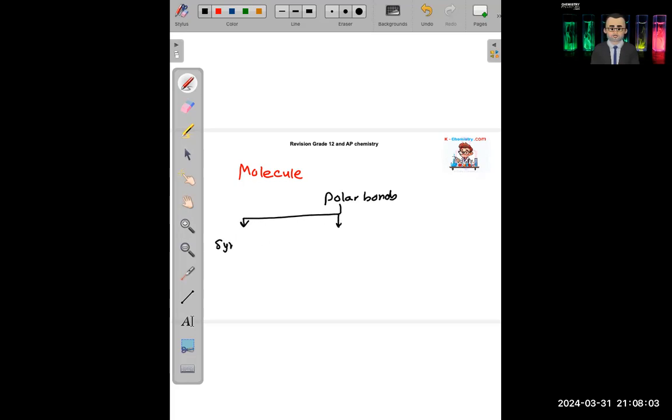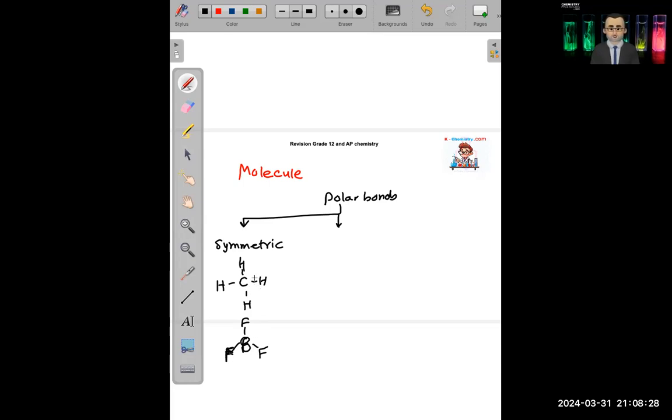The symmetric types of molecules, like the tetrahedral shape and the trigonal planar shape, are all symmetrical shapes. They don't have a lone pair of electrons on the central atom.